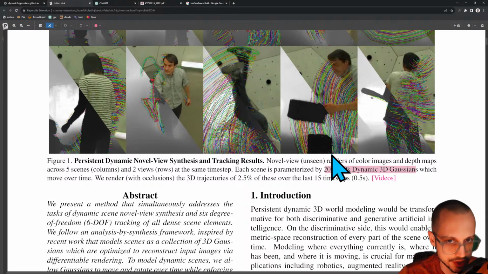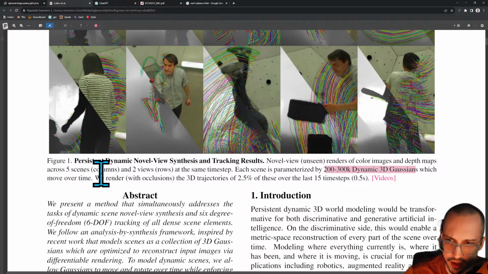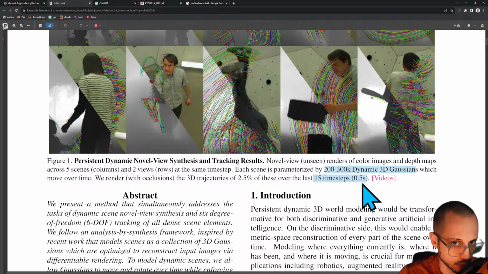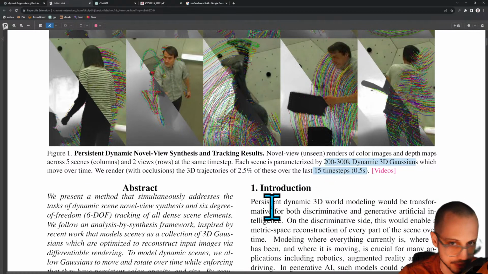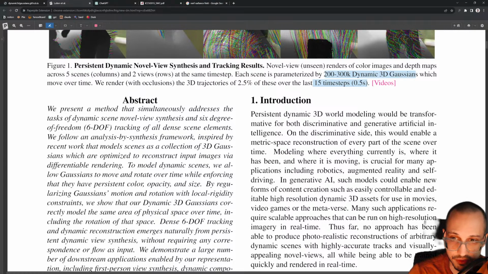It's a lot of little Gaussians which are tracking over time, and it still blows my mind that modern computers are fast enough to deal with this amount of objects moving around. We render with occlusions the 3D trajectories of 2.5% of these over the last 15 time steps. Okay. So here we're getting a little idea. 15 time steps is 0.5 seconds, which means that this is 30 frames per second, right? 1 second would be 30 time steps. So that kind of tells you a little bit of the frame rate there.